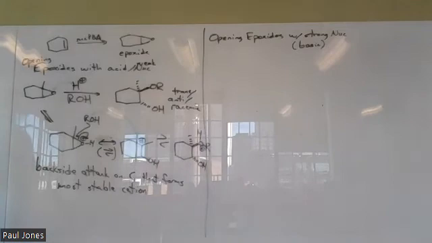Under acidic conditions, we're going to open an epoxide by having a weak nucleophile attack a protonated epoxide. Stereochemistry and regiochemistry: it looks like a backside attack on the carbon that makes the most stable cation.